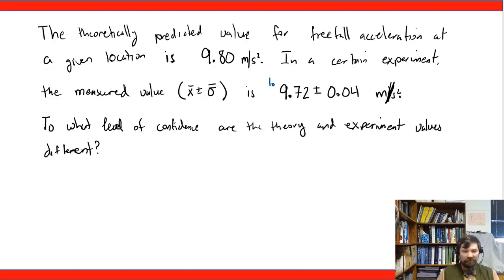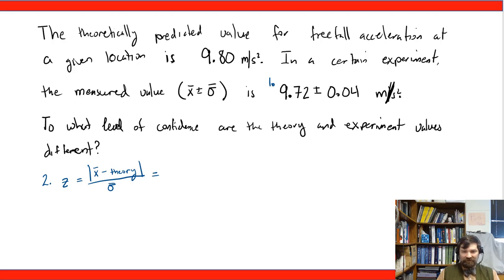So step 2, we need to use these and this to get a z value. So z should look like the difference between x and the theory value. I'm going to write theory instead of value here. Absolute value of all of that divided by sigma.